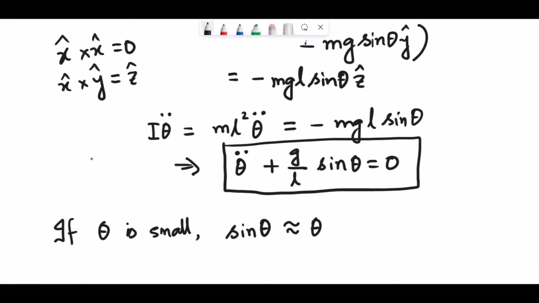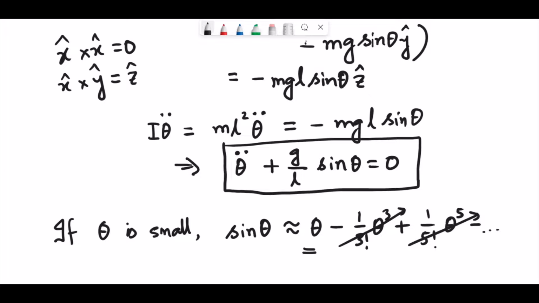Because remember, if we Taylor expand the function sine theta, we get theta minus 1 over 3 factorial theta cubed plus 1 over 5 factorial theta to the power 5 minus etc. These higher order terms can all be neglected with respect to theta if theta is small.